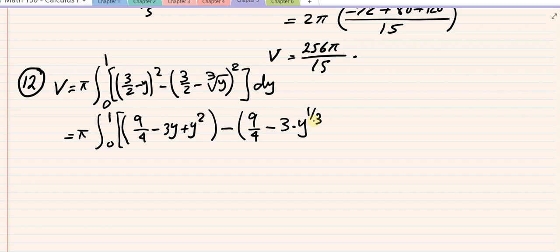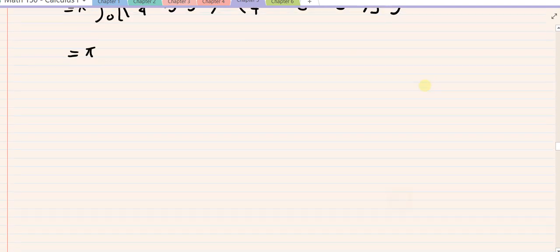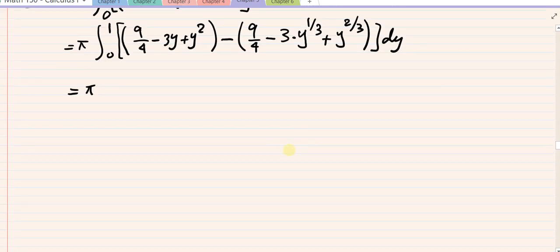Then plus y to the third squared becomes y to the 2/3, and then dy. So this becomes pi, and then we can combine like terms.